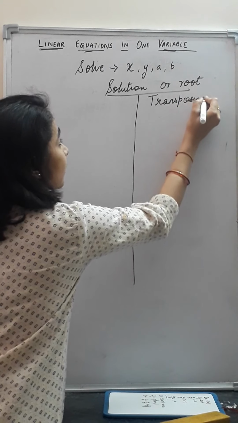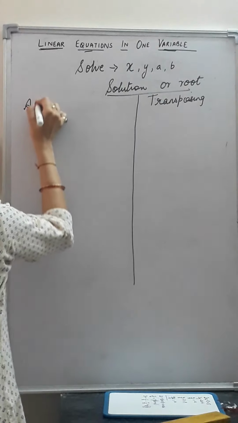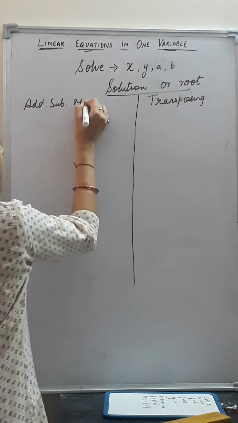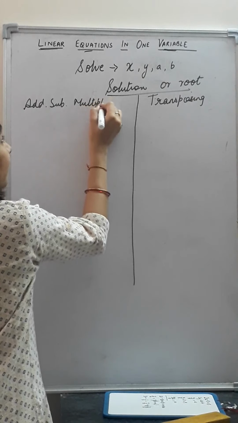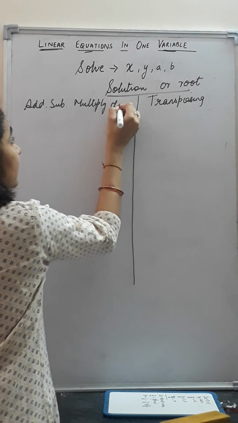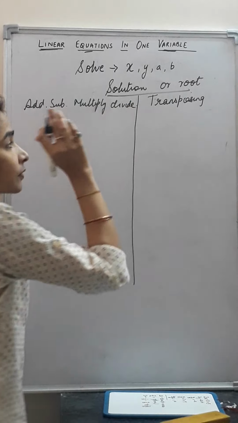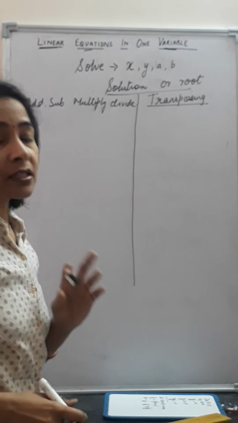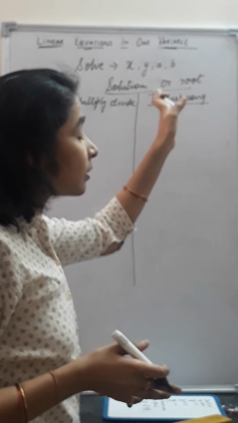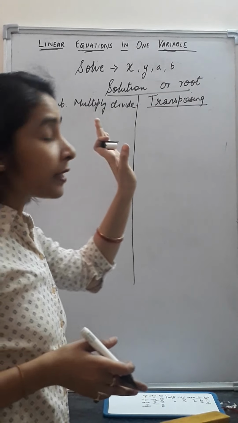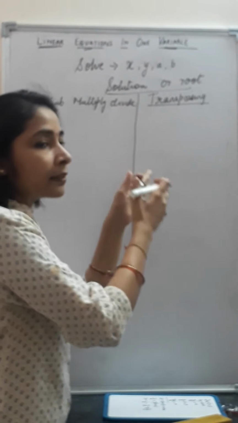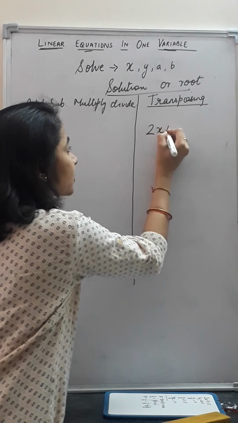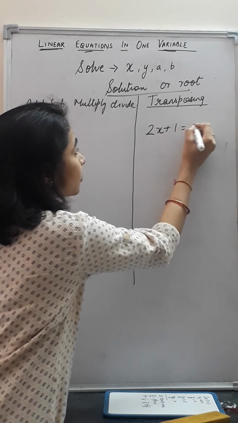The other method is transposing. Now, what is transposing? The word transposing refers to transfer. That means whatever terms are there with the variable. For example, I am having the equation 2x plus 1 is equal to 5.